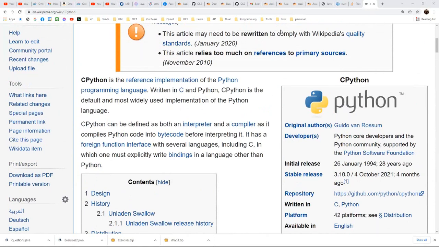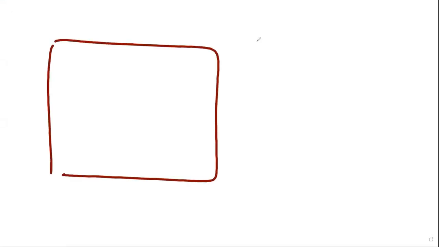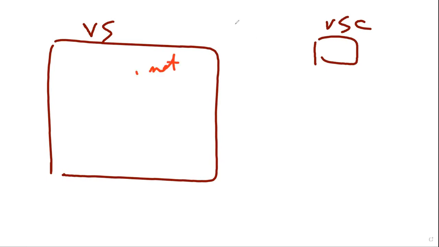Talking about Visual Studio, it can be like this. You have a Visual Studio, and you have a lightweight Visual Studio C. The difference is that with the full one you already load up the whole .NET framework, so it takes up a big space of memory.